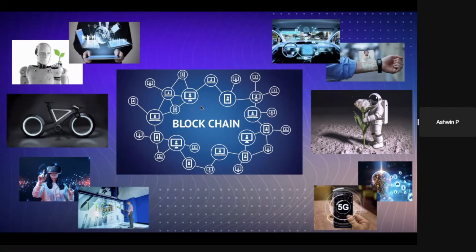And the data is stored in blocks that are linked together in digital chains in a blockchain database. And blockchain technology is suitable for delivering that information since it provides real-time, shareable, and transparent data.